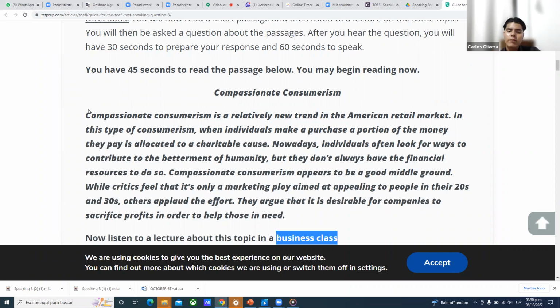Compassionate consumerism appears to be a good middle ground. While critics feel that it's only a marketing ploy aimed at appealing to people in their 20s and 30s, others applaud the effort. They argue that it is desirable for companies to sacrifice profits in order to help those in need.